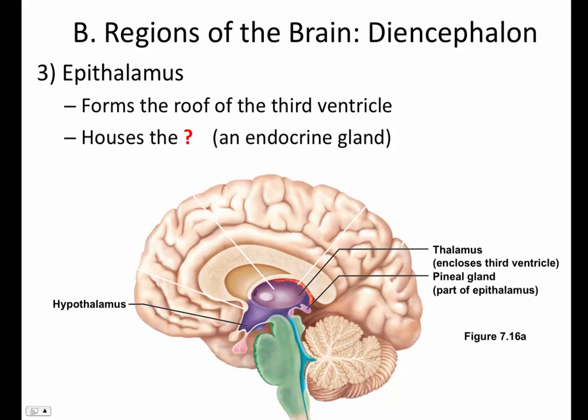The next region of the diencephalon we're going to look at is the epithalamus. This forms the roof of that 3rd ventricle, and it houses the pineal body, or we also know it as the pineal gland. And what this is important for is our wake-sleep cycle.